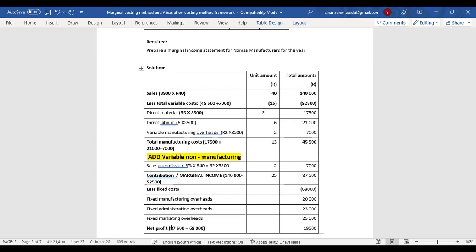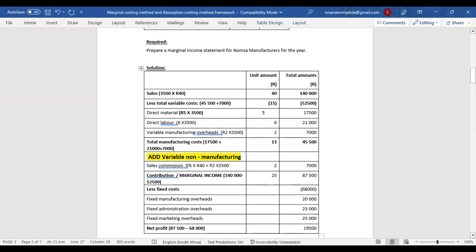These two amounts must give us 19,500 as our net profit. Marginal income minus fixed costs. Thank you so much. Then we get our 19,500.